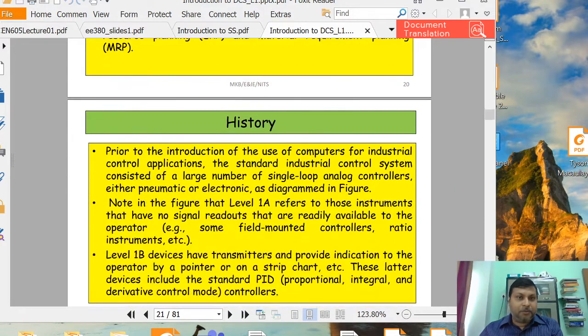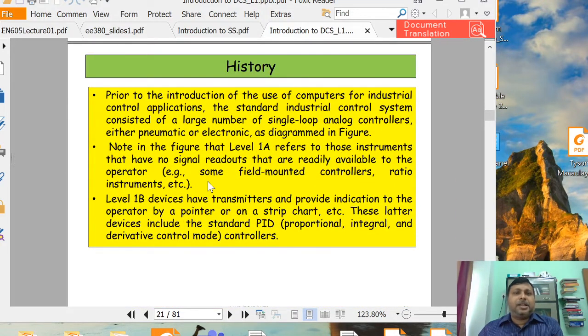Okay, so now we will see how the uses of computer have evolved from the past days to modern industrial application in terms of this hierarchical control. Prior to the introduction of computers for industrial control application, the standard industrial control system consisted of a large number of single loop analog controllers, either pneumatic or electronic, as diagrammed in the figure.